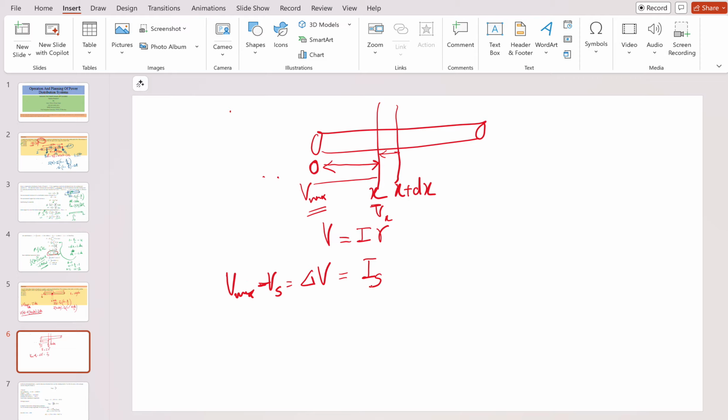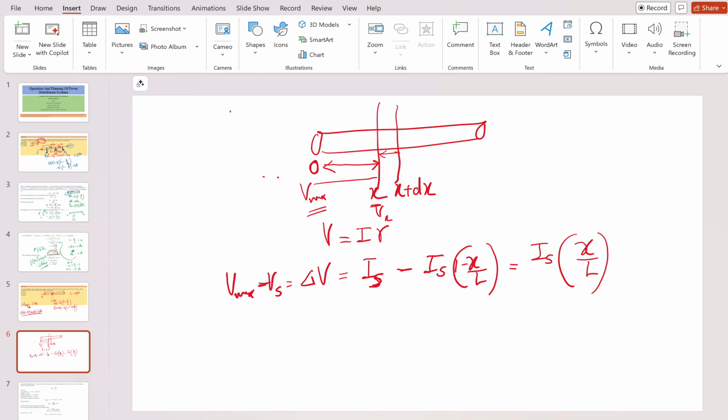The current flowing at the source end is Is, minus the current at a distance of x, which is 1 minus x by L, as I have already shown you. When you take the difference, it comes out to be Is x by L. Why?